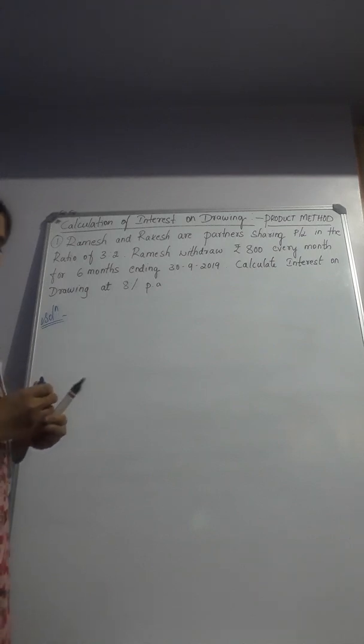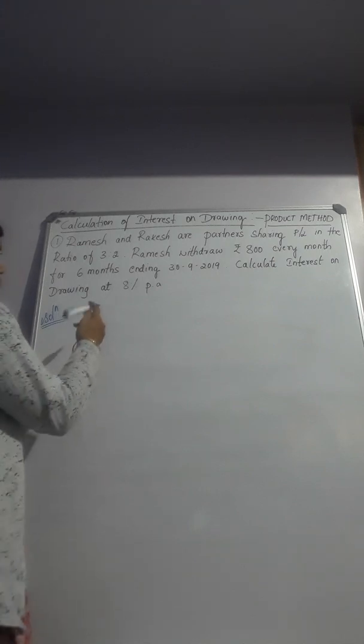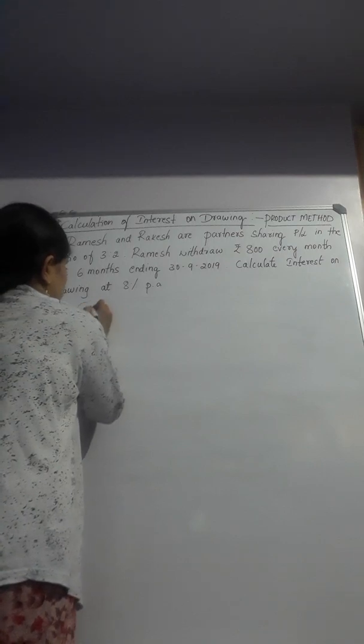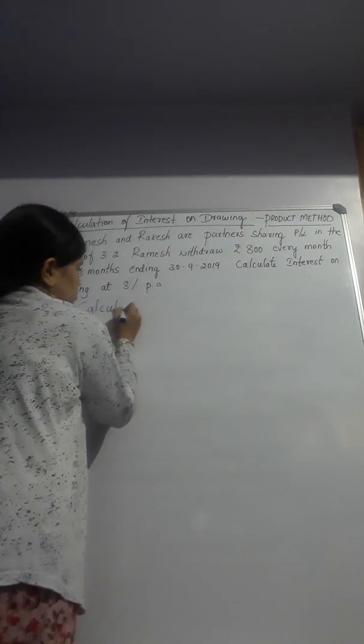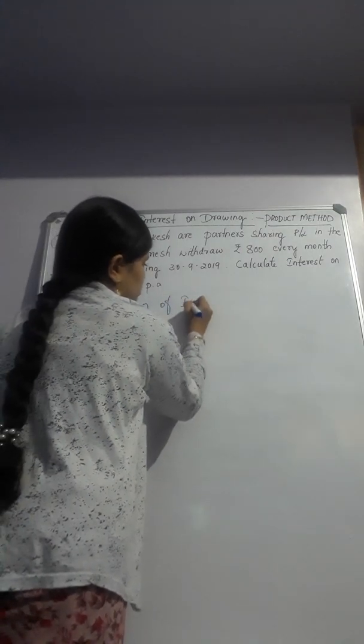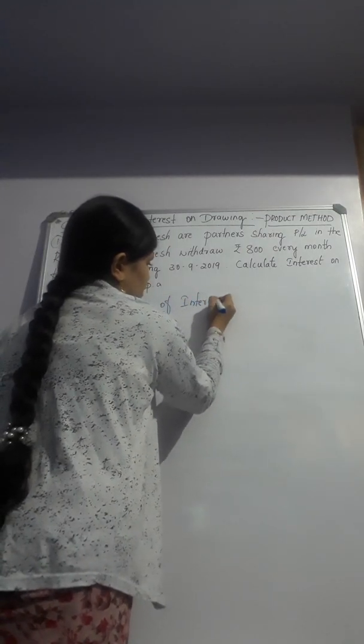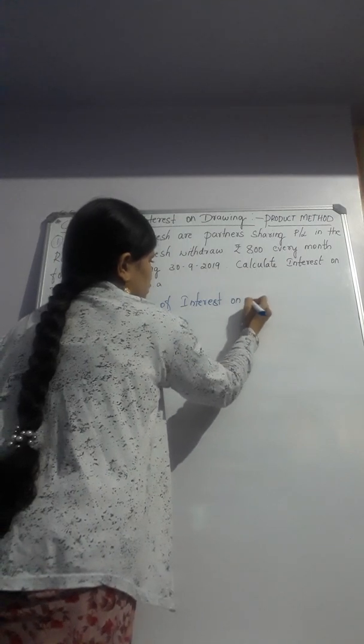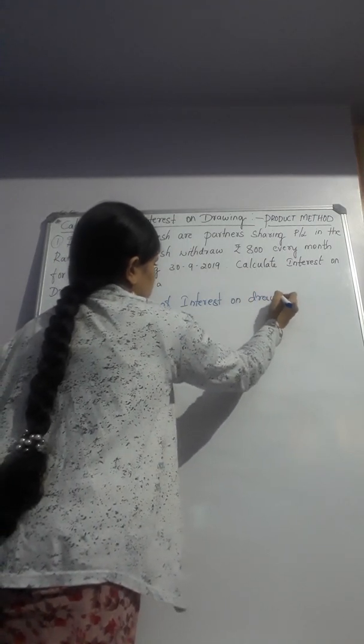Now we have to take 4 columns for the calculation of interest on drawing.